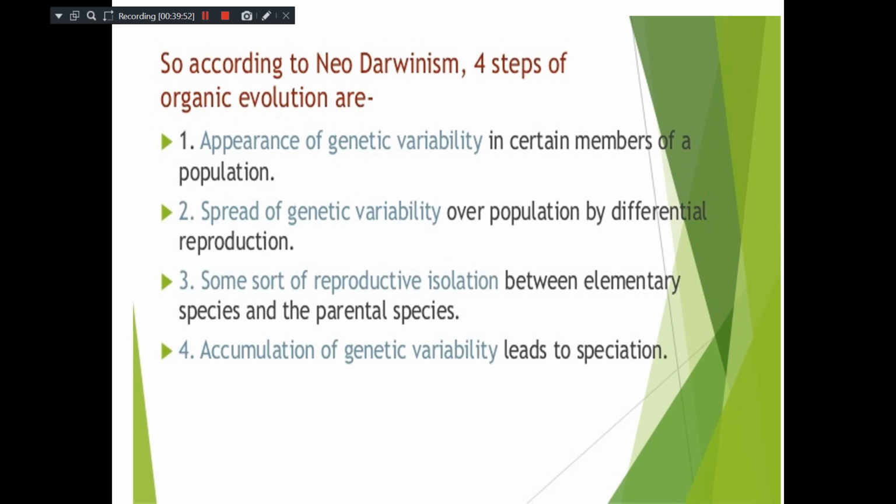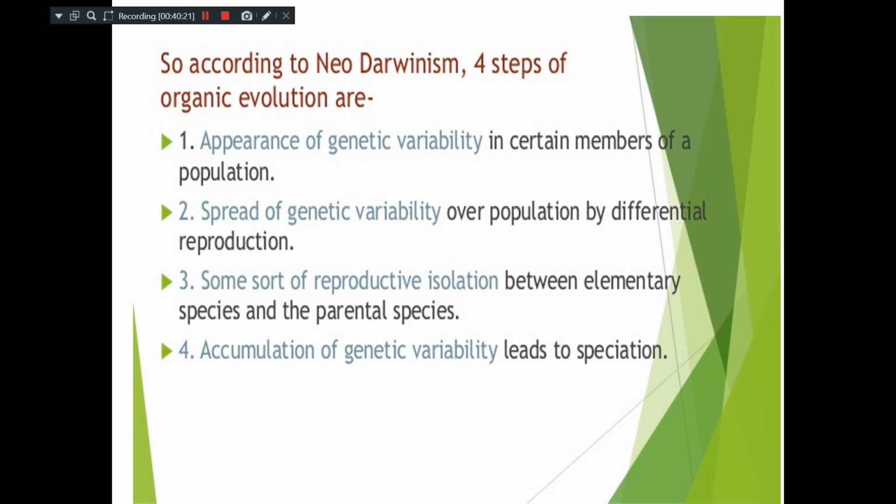According to the synthetic theory of evolution, or neo-Darwinism, there are four major steps in organic evolution. One is the appearance of genetic variability, because it has now become very clear that only genetic variability is going to be inherited, not somatic variability.